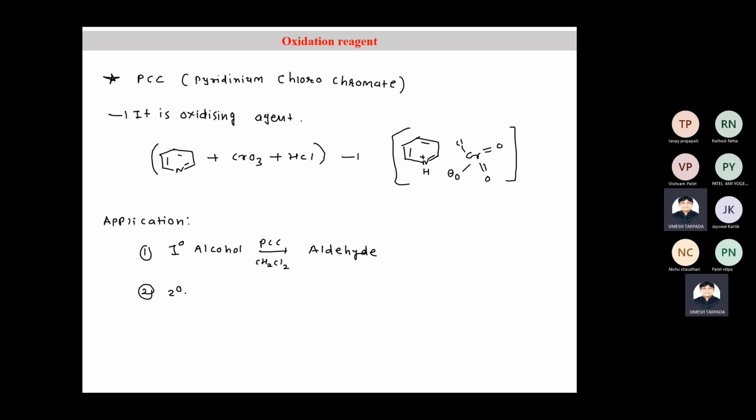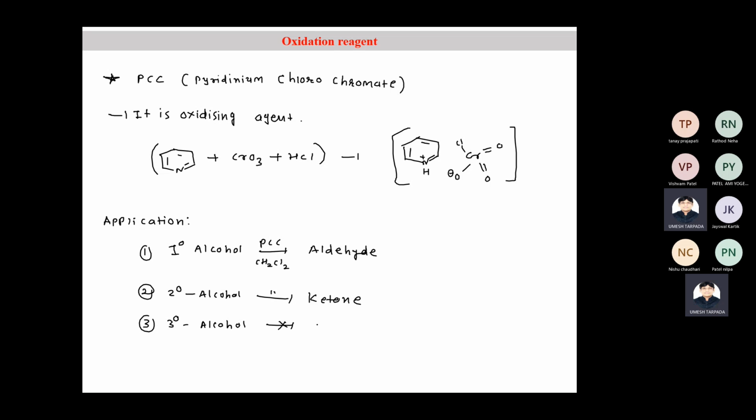If 2 degree alcohol is there, then what happens? 2 degree alcohol may undergo oxidation to give ketone. 3 degree alcohol does not undergo reaction.